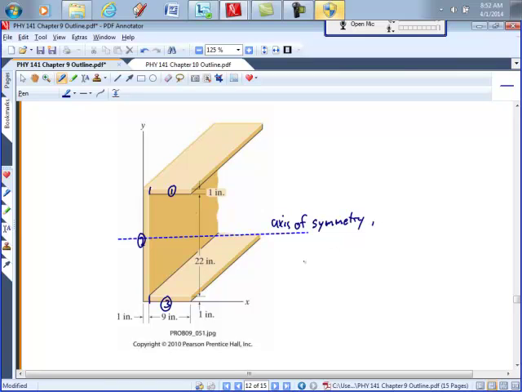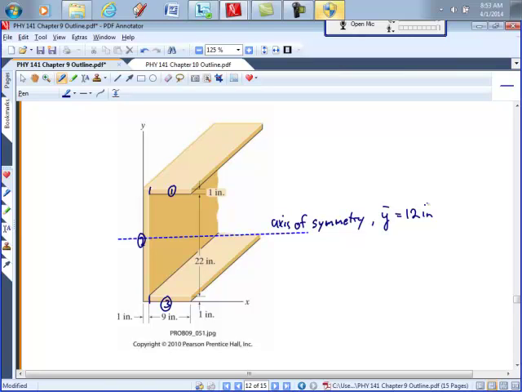So a horizontal axis of symmetry goes through the y-centroid. If there was a vertical axis of symmetry, that would go through the x-centroid. So y bar equals 12 inches. So that means we've cut our work in half. Now we only have to find the x bar.